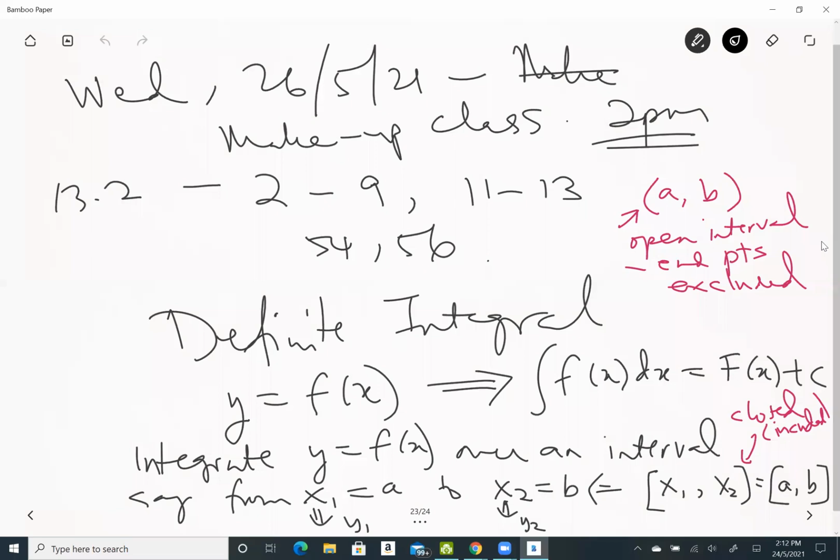The end point, which is b, and also the initial point a. Include the initial point, the first point, and also the end point. Not just the end point. It includes both. Any other things?